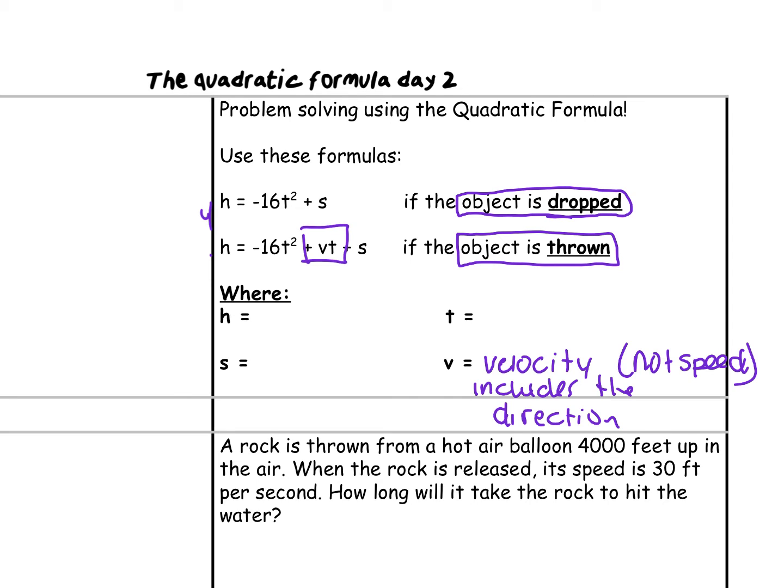H and S, it's really important that you understand that H is the height that you end with, where S is the height that you begin with, or the initial height.